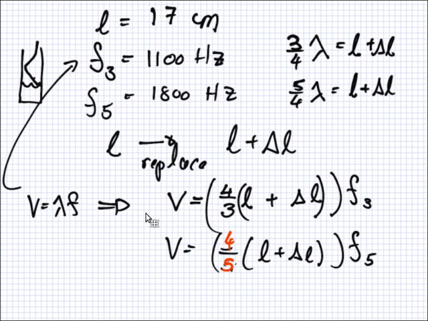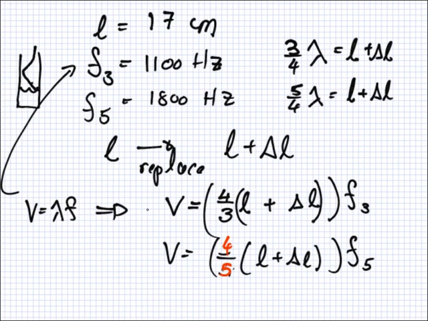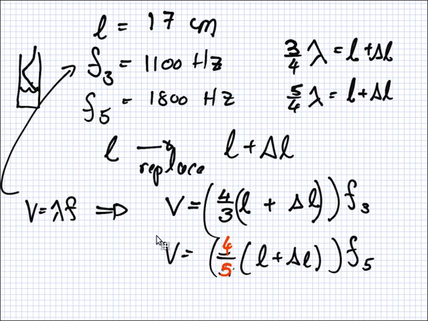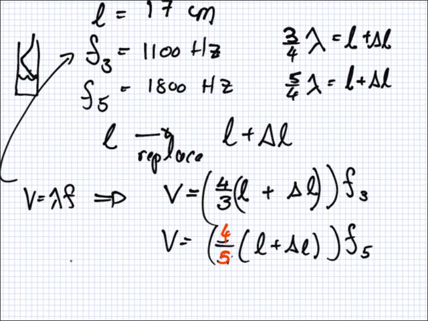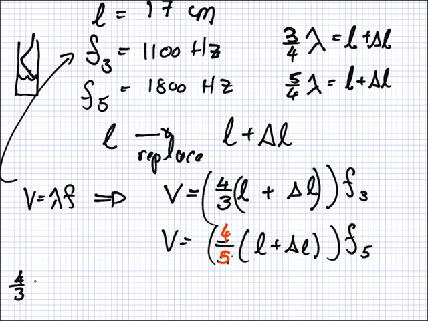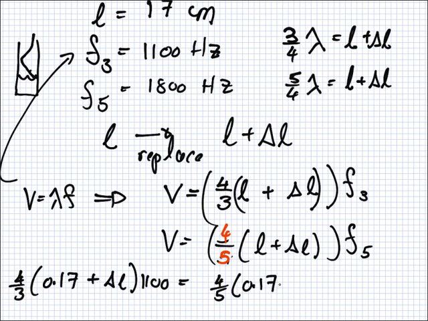Now let's make these equations equal. So we have 4 over 3 times (0.17 plus delta L) times 1100 equals 4 over 5 times (0.17 plus delta L) times 1800.